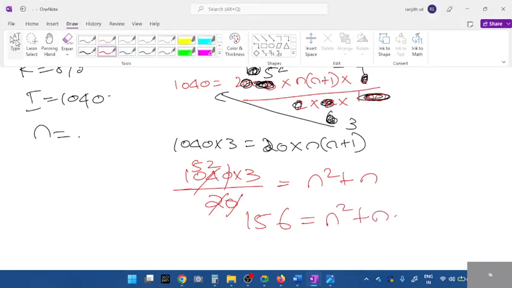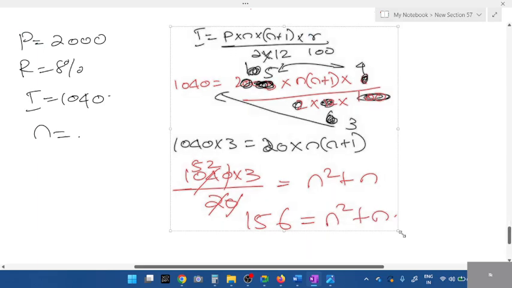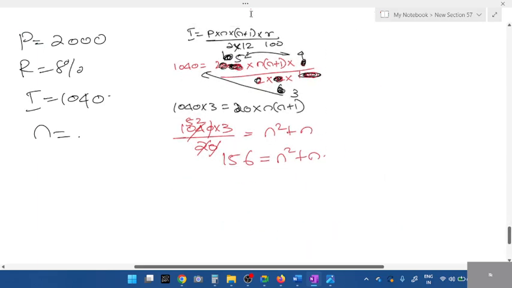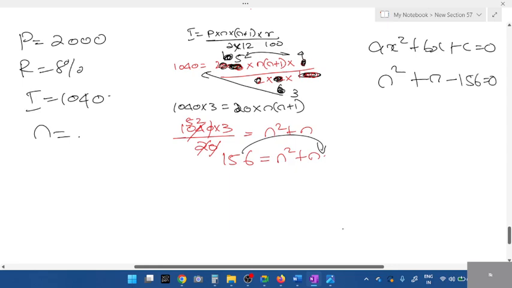What is the general quadratic equation? Very good. Ax square plus bx plus c is equal to 0. Arrange this. N square is positive. Shift this: plus N, 156 becomes minus 156, is equal to 0.